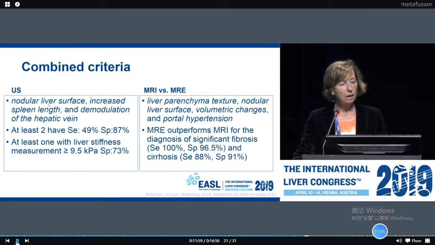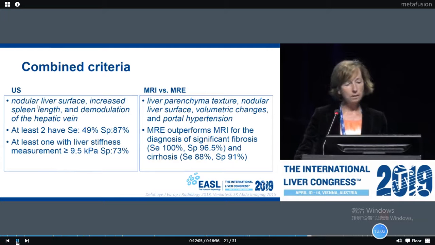In this study, first of all, they took into account presence of at least two of these findings: nodular liver surface, because it's highly specific, increased spleen length, and demodulation of the hepatic vein.